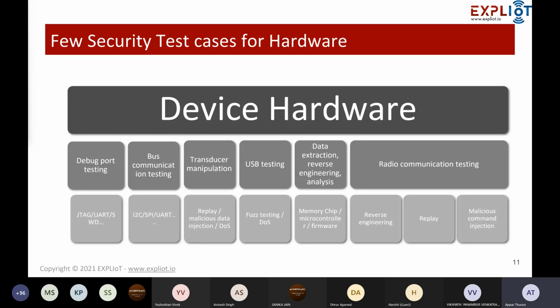While we go ahead, we'll look more into what a firmware is, and how you can check for security on a firmware. Then finally, last but not least, is your radio communication testing. Basically, if a device is not using a custom protocol, it is using some raw RF in your ISM band.